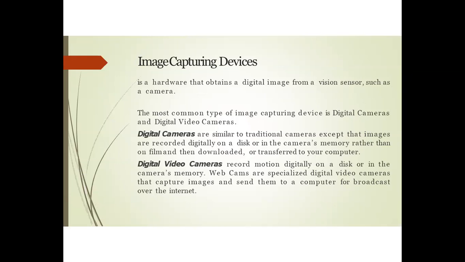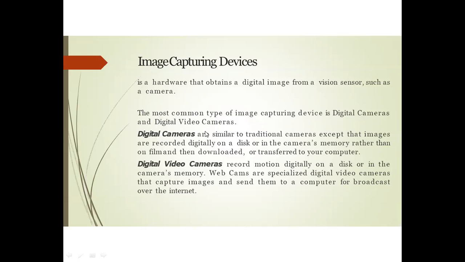We have also the image capturing devices. Image capturing devices are hardware that obtains a digital image from a vision sensor such as a camera. So the best example for the image capturing devices is the camera. The most common types of image capturing devices are digital cameras and digital video cameras.